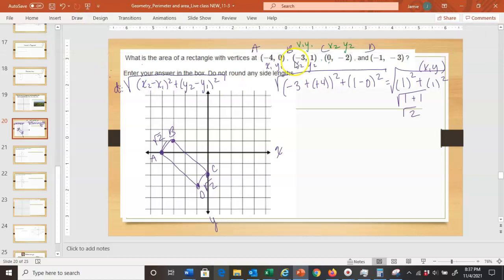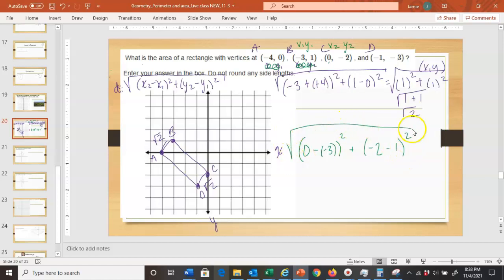Okay, x2 is 0. x1 is -3. We have to have the minus in the formula and then also the actual value of x1, sorry. So don't lose the minus and the negatives. I was getting confused with this. There we go. All right, y2 is -2 and y1 is 1.